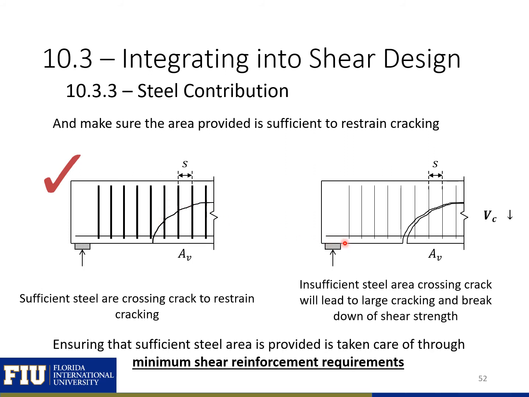Here on the right, insufficient steel area crossing the crack is going to lead to large cracking, which leads to a breakdown of the shear strength after cracking occurs. So we need to make sure that we have the minimum shear reinforcement requirement met so that we can hold the crack together and engage our post-cracking concrete shear contributions.